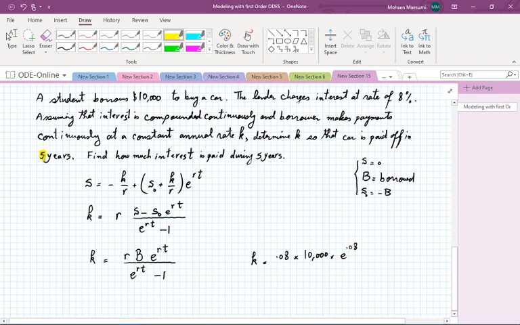Typically they say don't buy a car if you cannot pay it in 3 years. So let's say 5 years. So this is 5. And same thing, exponential of 0.08 times 5 minus 1.